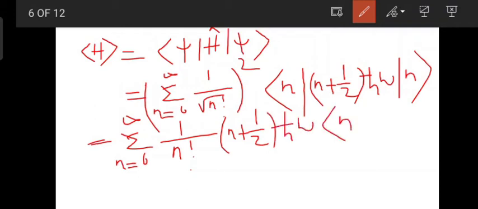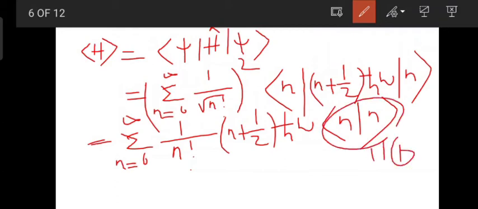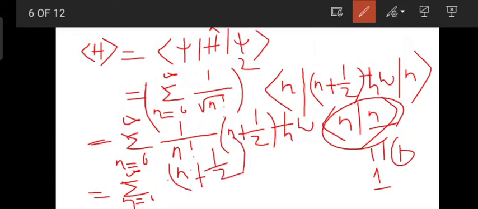and where this will be equal to 1. As we know, n is a normalized eigenstate, so this will be equal to 1, and we will only have a summation over n equal to 0 to infinity of n plus half divided by n factorial into h cut omega.